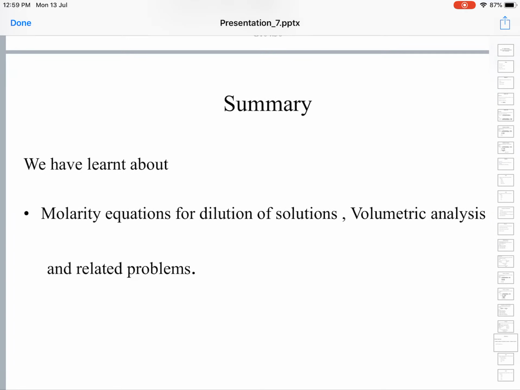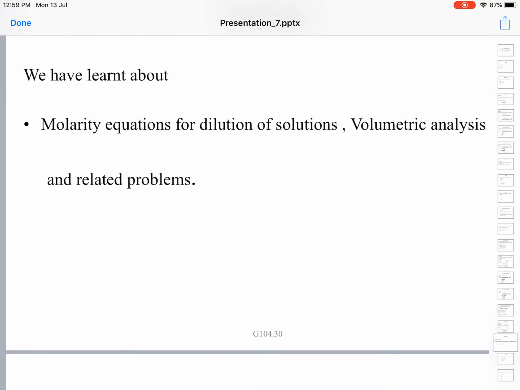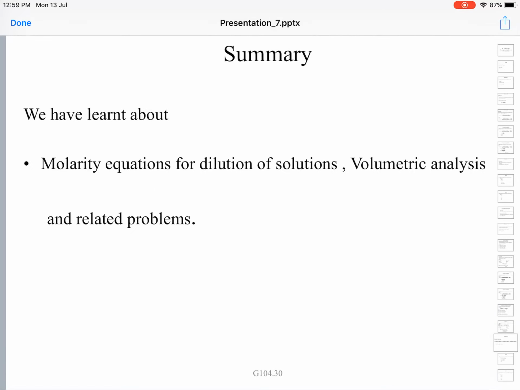Let us see what we have learnt. So far, we have learnt molarity equations of dilute solutions, molarity equations for volumetric analysis, and the related problems.